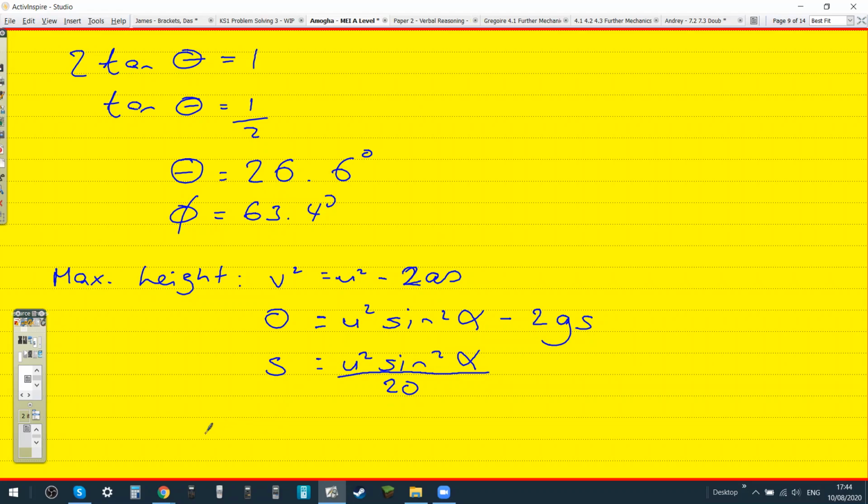Let's get the exact answer. So we'll do it manually. I don't know what the exact answer is. What is the equation for it? Oh, sine 26.6 the whole squared.